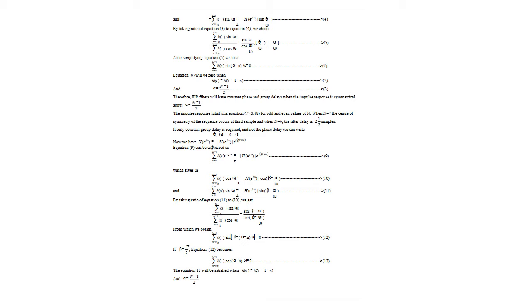So we substitute beta equal to pi by 2 from equation 12, which becomes summation n equal to 0 to N minus 1 of h of n cos (alpha minus n) omega equal to 0. So alpha is equal to (N minus 1) by 2.